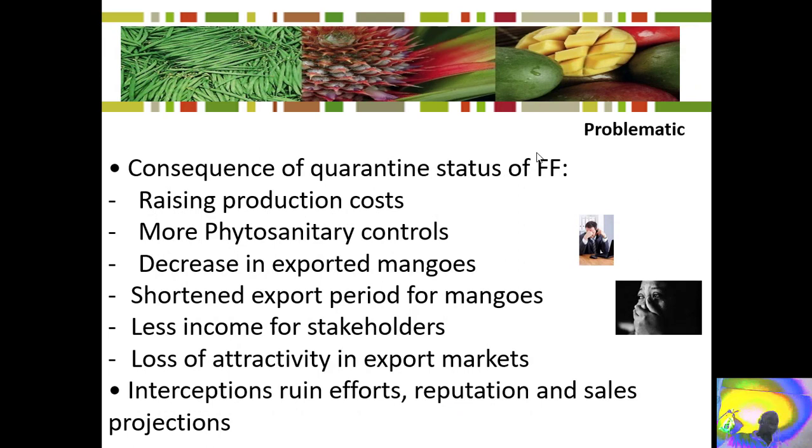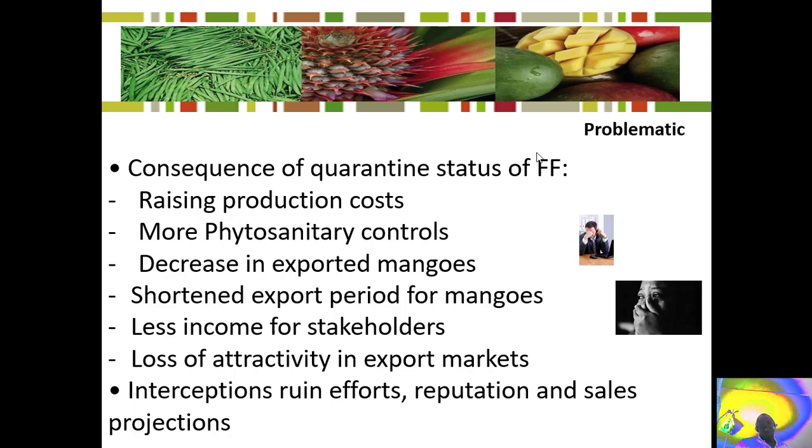As a consequence, for our countries being infested by fruit flies that are current quarantine pests, our production costs are rising. There are a lot of phytosanitary requirements for our products. There is a decrease in the quantity of mangoes that we are exporting.